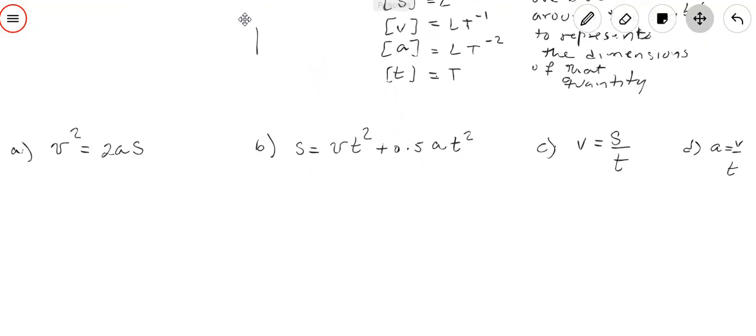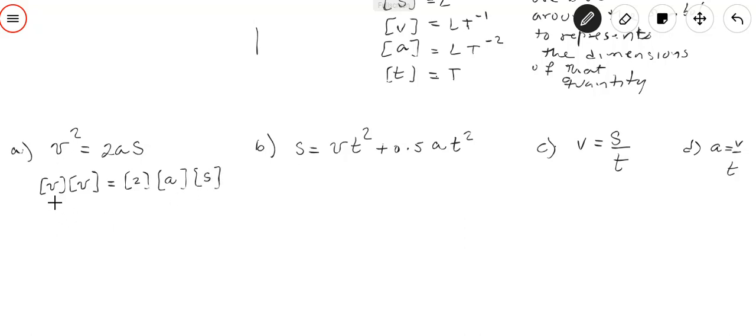We're going to rewrite this equation using the dimensions. So we're going to say here that v squared is going to be v times v equals 2 times a times s.